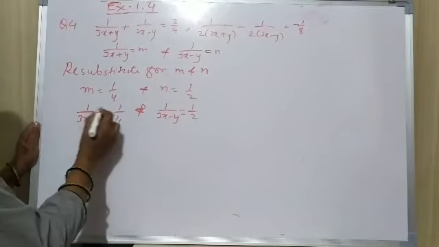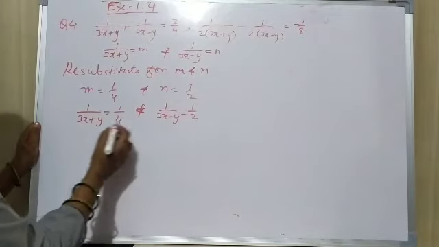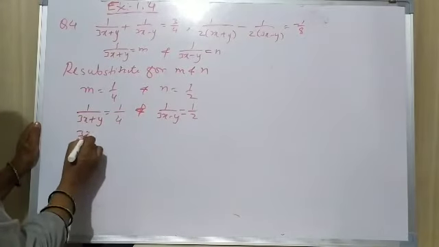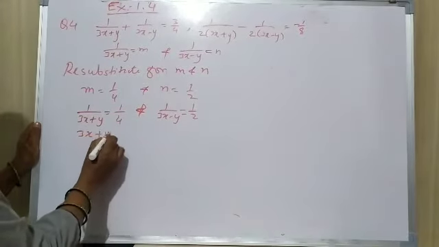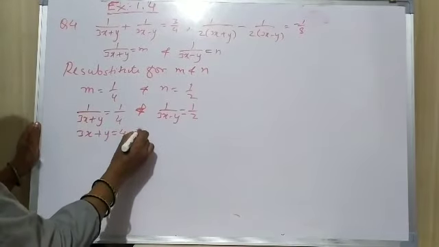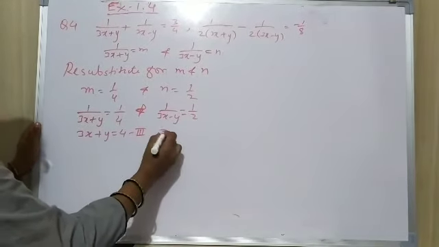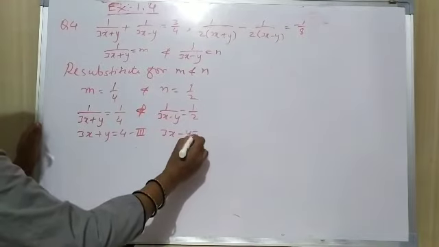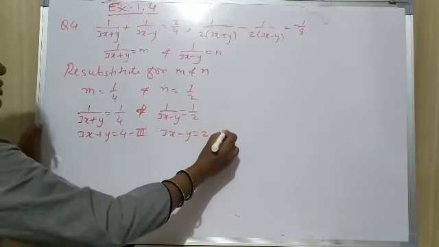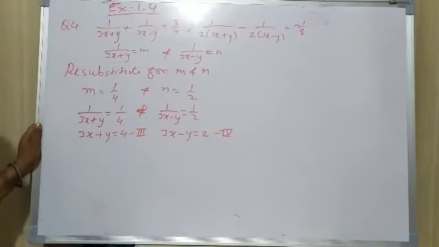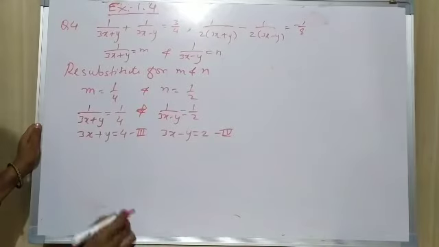Now just see there, the numerators are the same in both cases, so directly compare the denominators. So you will get here 3x plus y is equal to 4. This is equation number 3, and 3x minus y is equal to 2, equation number 4. Again you have to solve equations 3 and 4 to get the value of x and y.